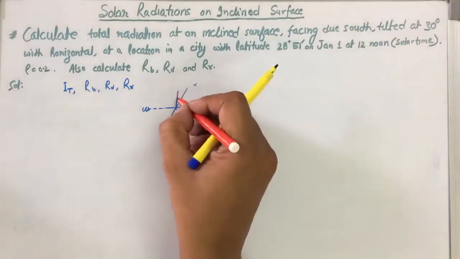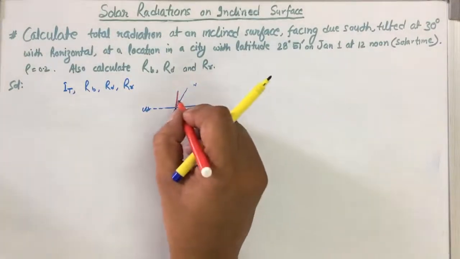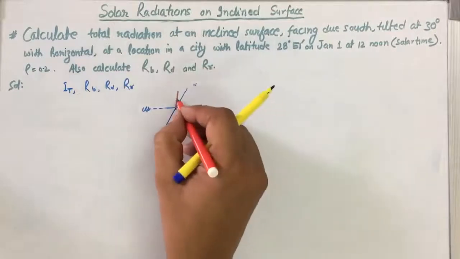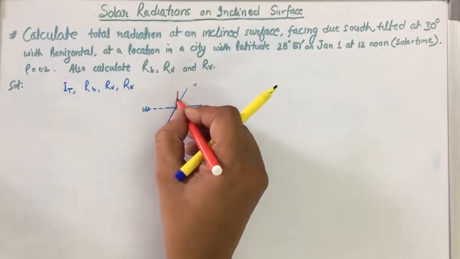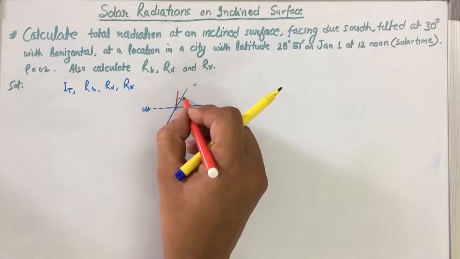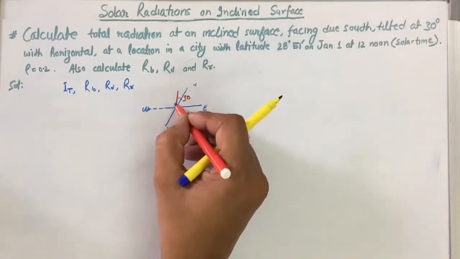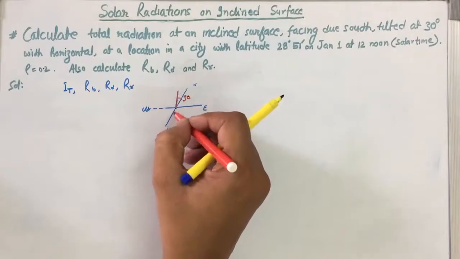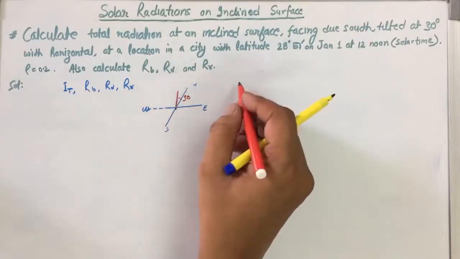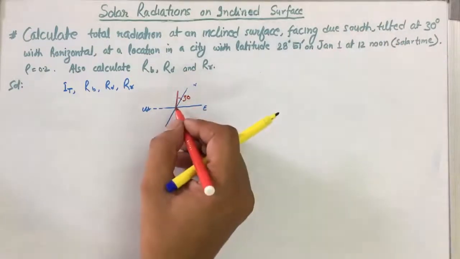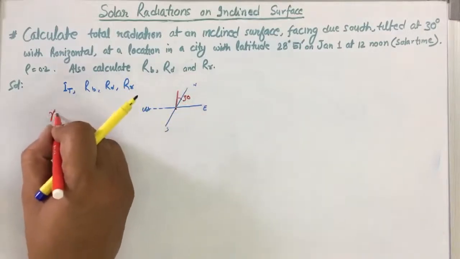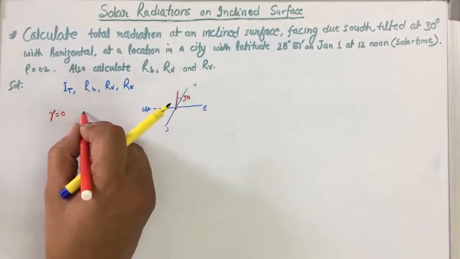This is our collector. This is the horizontal surface. It is tilted with an angle of 30 degrees as explained here. So this is our collector surface facing south. So gamma will be 0. First thing, gamma will be 0 due to south facing.